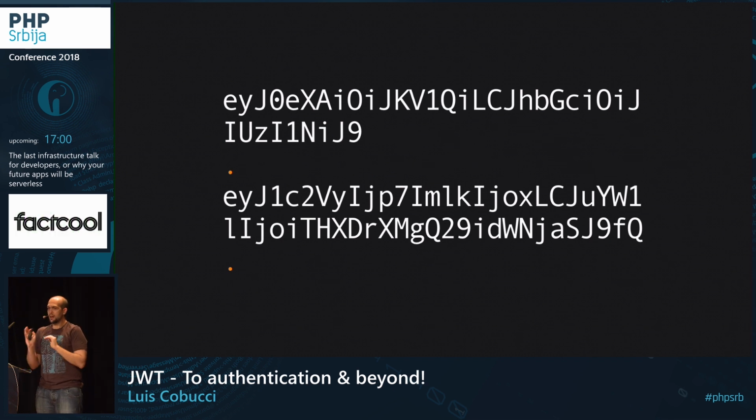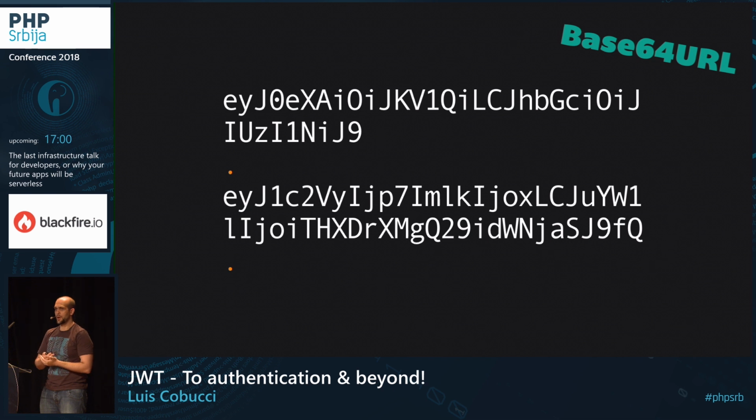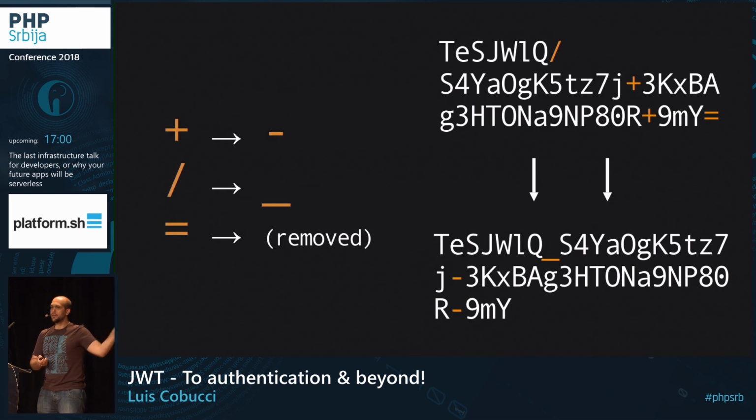These parts are not really encoded with base64, but rather base64 URL. That is just a variation of base64, and it changes some characters to make them URL safe, which means that any string encoded with base64 URL can be passed into a query string or a cookie or a POST request, and everything will just work.